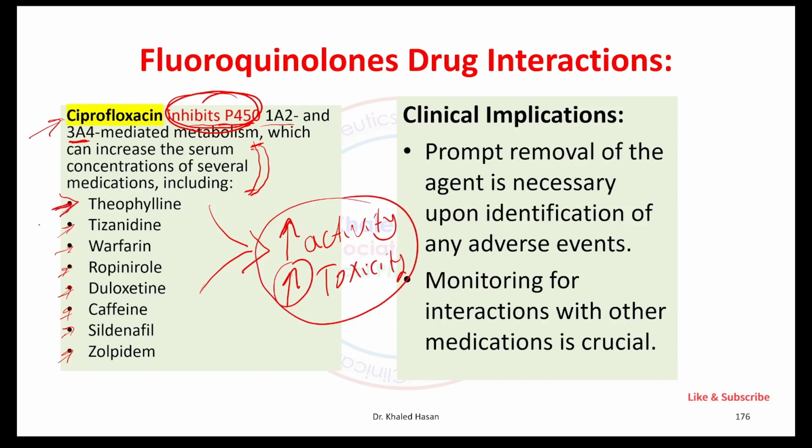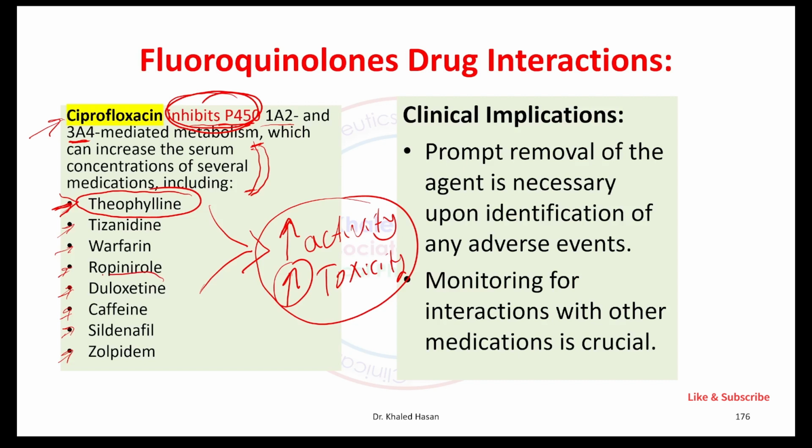Theophylline is used for patients with asthma, but theophylline has a narrow therapeutic index. Any change in the theophylline blood concentration will lead the patient to toxicity. So it's very important when the patient suffers from asthma or a respiratory chest infection with asthma. If the patient is on theophylline, we don't recommend using theophylline with the fluoroquinolones due to the increased level of theophylline in the blood and increased risk of toxicity.